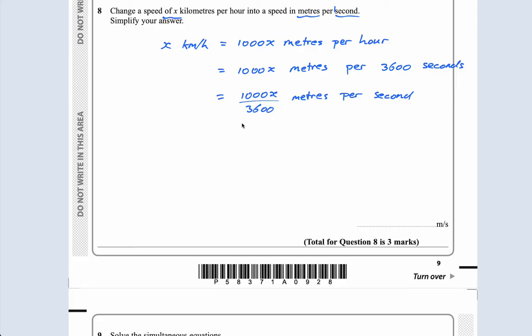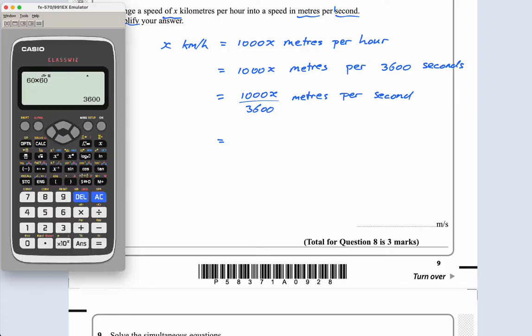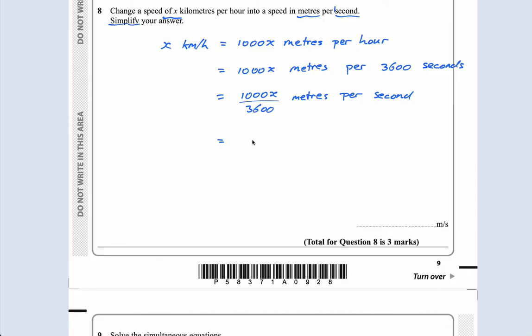So this is the answer, but it says simplify, so I need to do 1,000 over 3,600. I'll do it on my calculator. 1,000 over 3,600 is 5 over 18. So the answer is 5 over 18x. Don't forget the x here. So it's 5 over 18x, or 5x over 18 is the same thing.